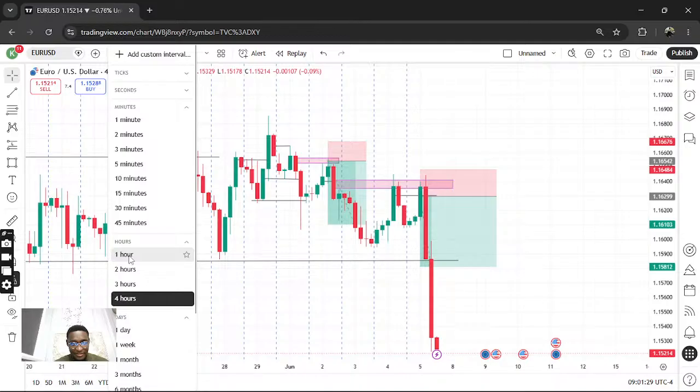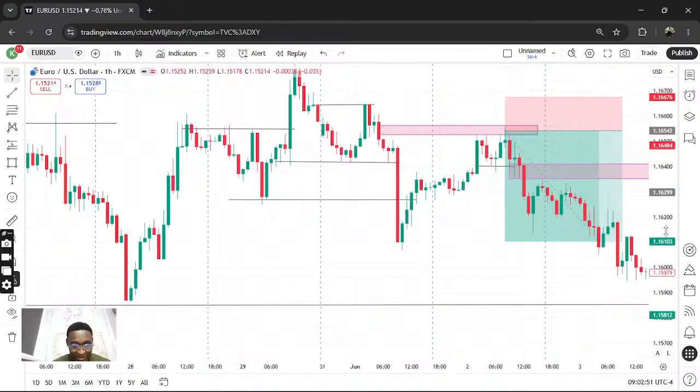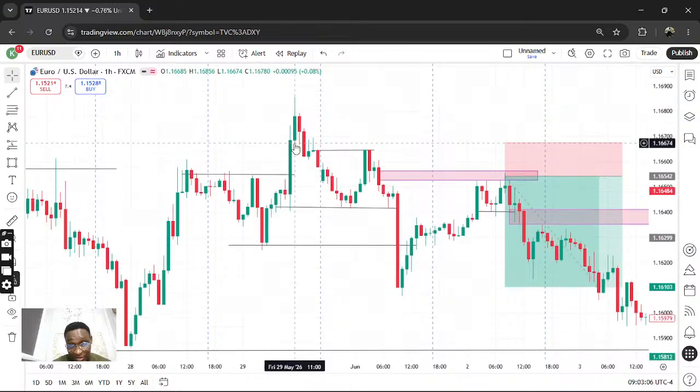It is more like a gravestone, not really inverted hammer. This particular small doji candle that's formed here. If you look at it, that particular candle came on top of this particular bullish candle that I'm telling you is the order block. When it came on it, you see rejection from it.